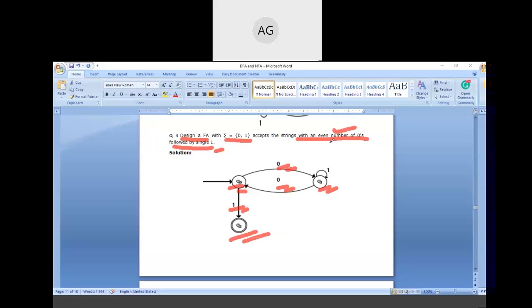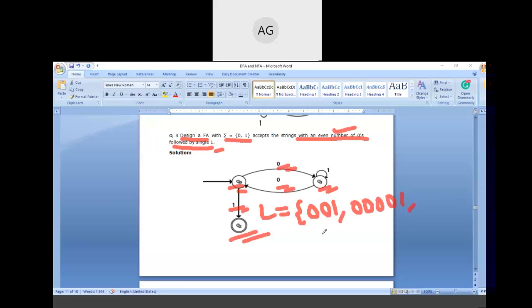So the language this machine accepts includes 0 0 1. Then if you traverse the loop more than one time, you can get 0 0 0 0 1.